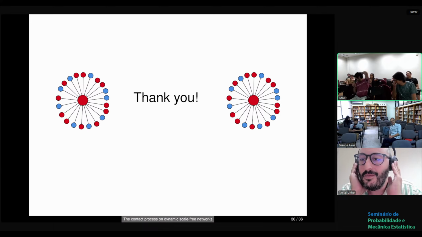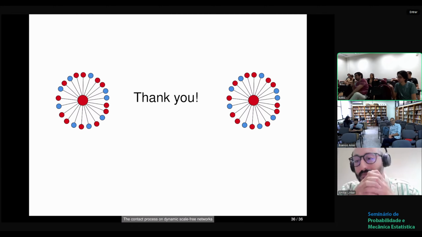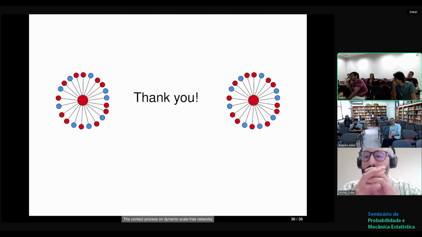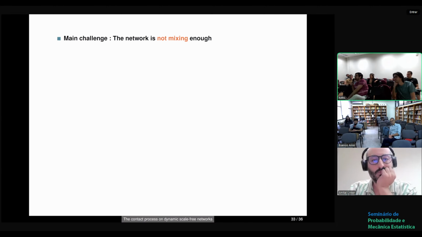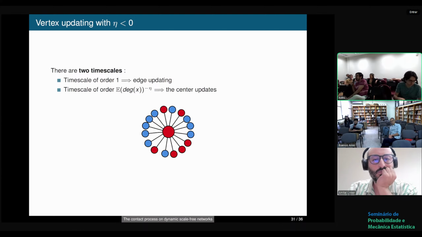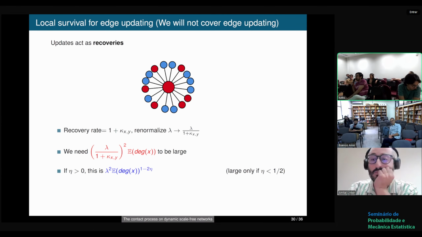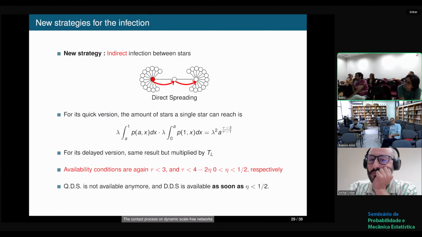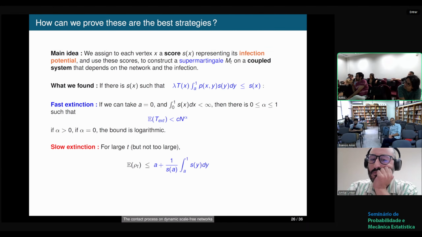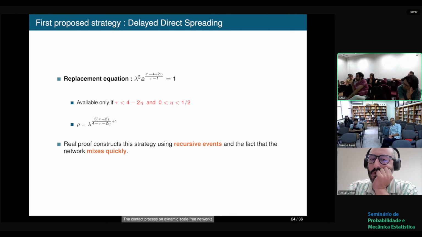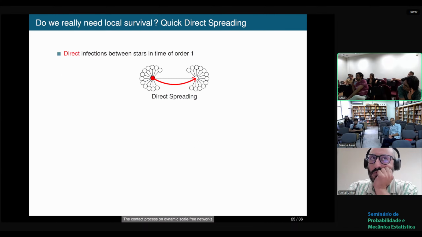It's about the dynamics of the dynamic scale-free network. What do you know about how the mixing of the dynamics depends on your parameter theta?